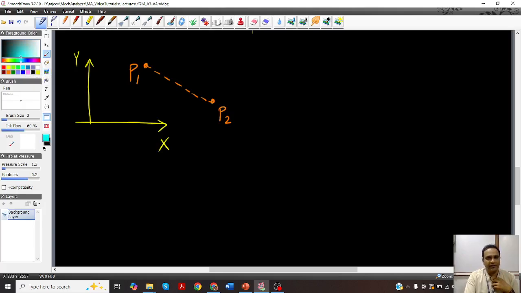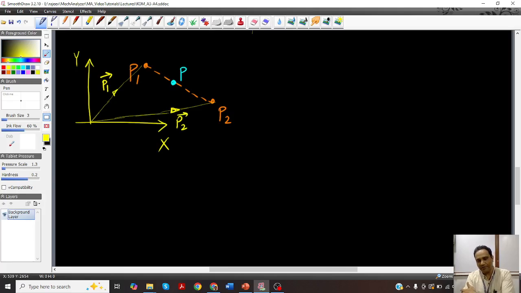Let's say we identify a particular point p that lies between p1 and p2. Now p1 vector is given as small p1 like this. Similarly, p2 vector is given in this manner.